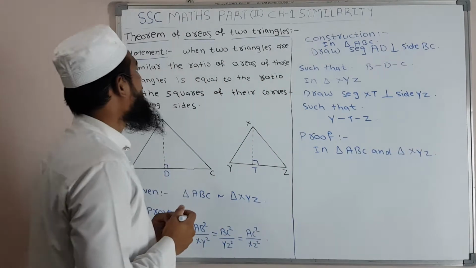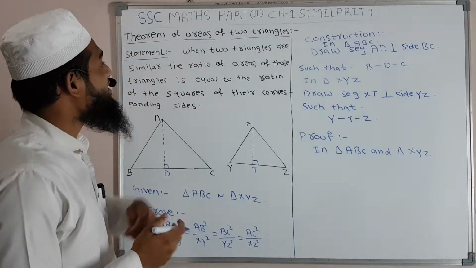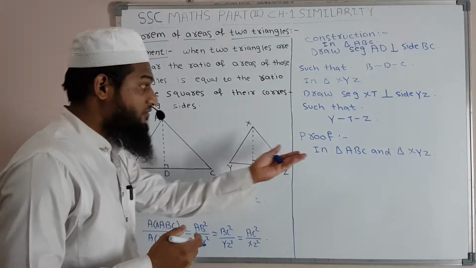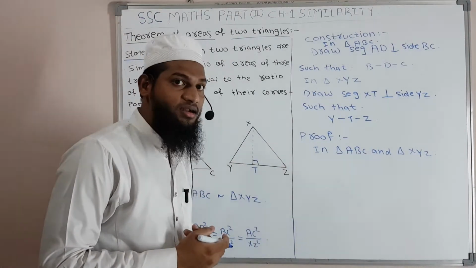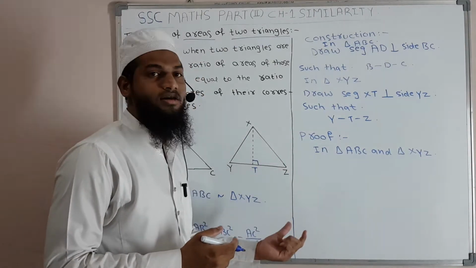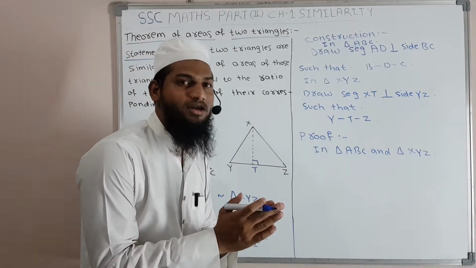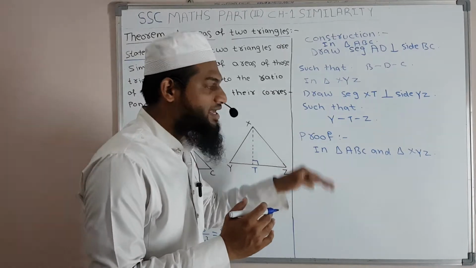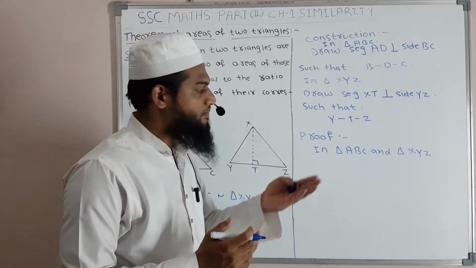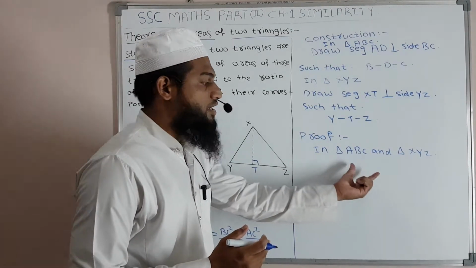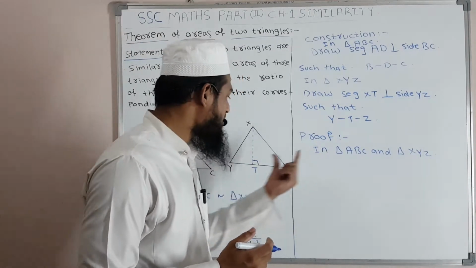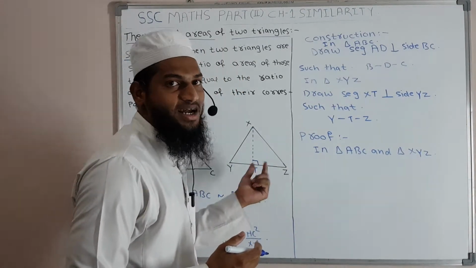What is given here? These two triangles are similar, and we know that the ratio of their areas is equal to the ratio of the product of their corresponding bases and heights.